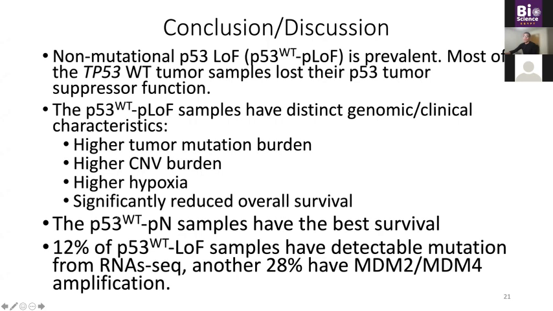So the P53 wild-type patients predicted to be normal have the best survival, the best prognosis. And we found a total of 40% of P53 wild-type patients have loss of P53 function that can be explained by either false negative mutation calls or the MDM2 and MDM4 amplification.